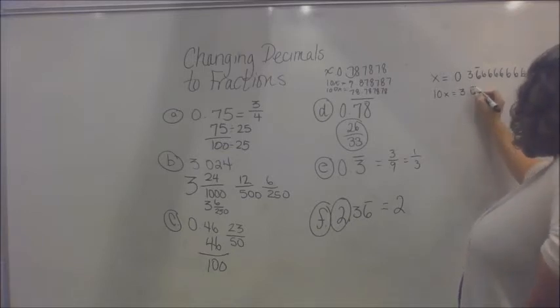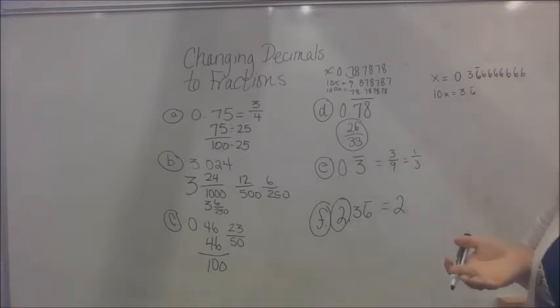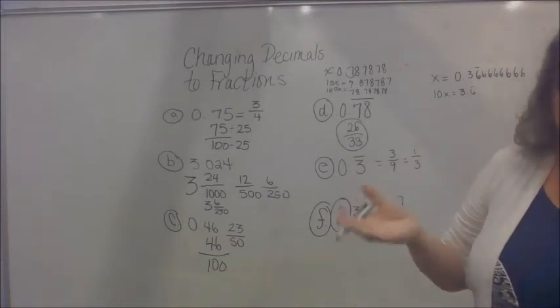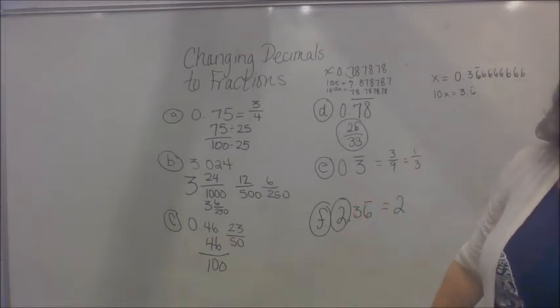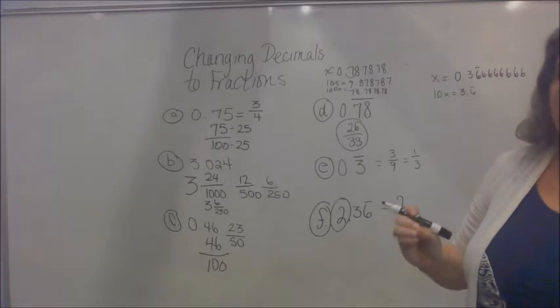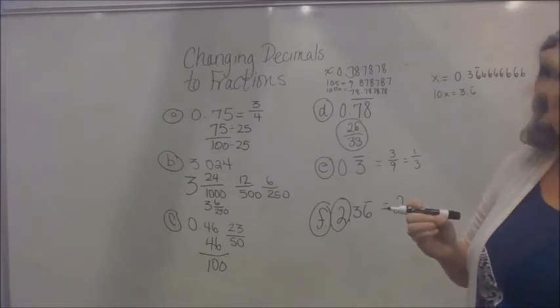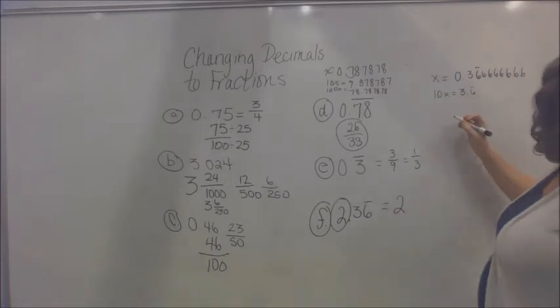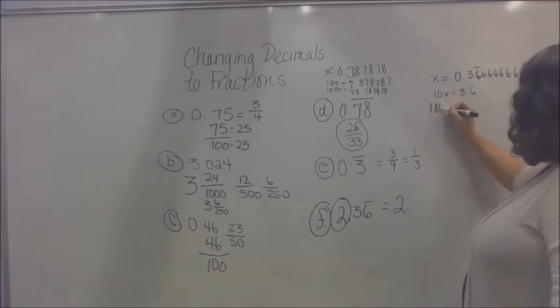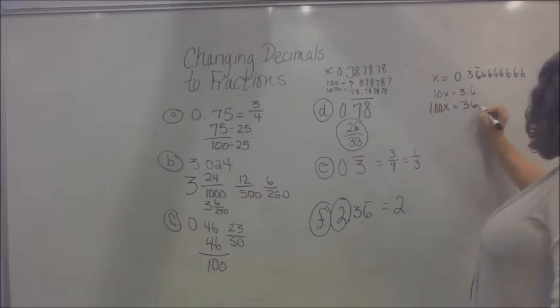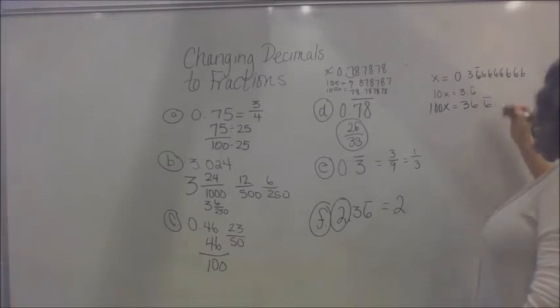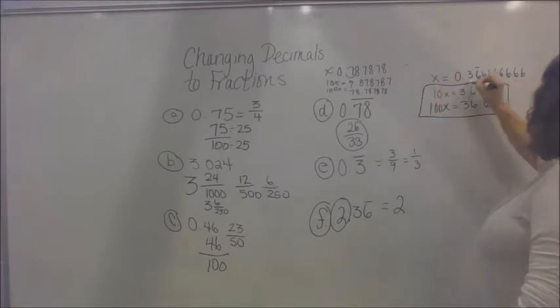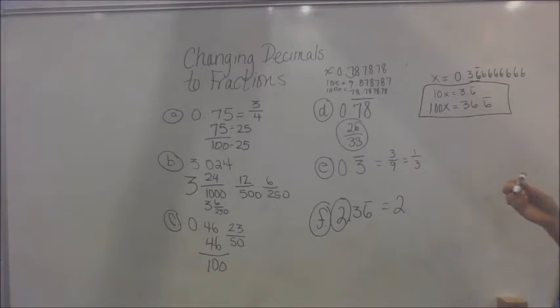3.6 repeating. Now you could stop here and you could do all your subtraction like I've been doing in the other steps. I just personally do not like ending up with a decimal as my numerator. So I'm going to continue to 100x, which is equal to 36.6 repeating. And these are the two that I'm going to use in my subtraction because they both have 0.6 repeating.